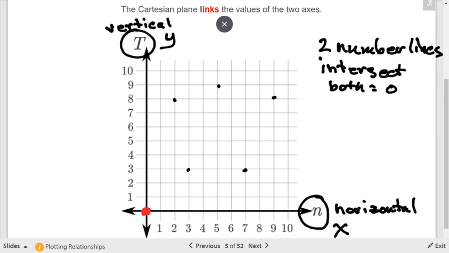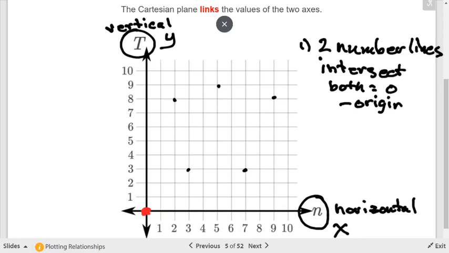So that point is something called the origin. Now, it's called the origin because that's where everything originates or begins. So if you're going to be graphing using the Cartesian plane, where do you know that you're going to always be starting? At the origin, right? So origin is simply another way of saying the start.